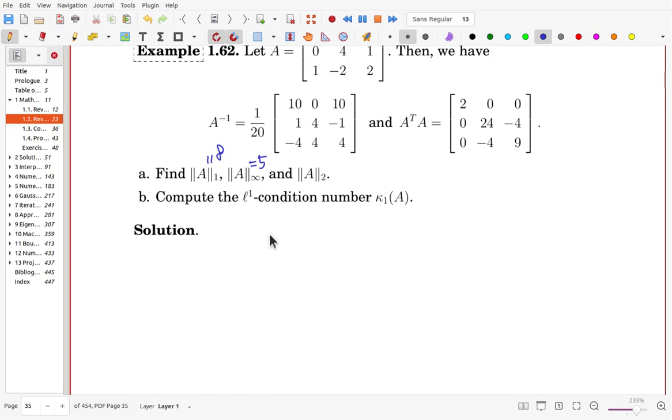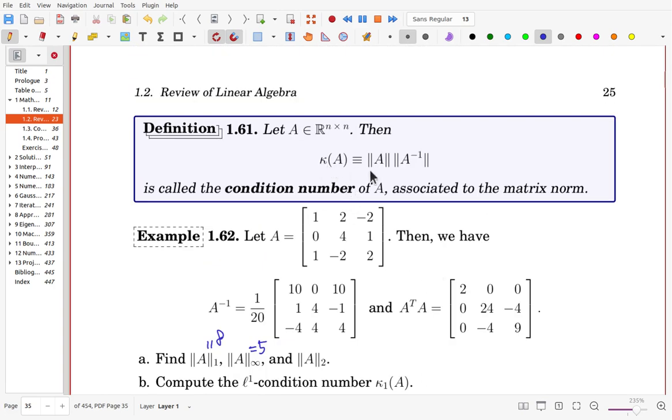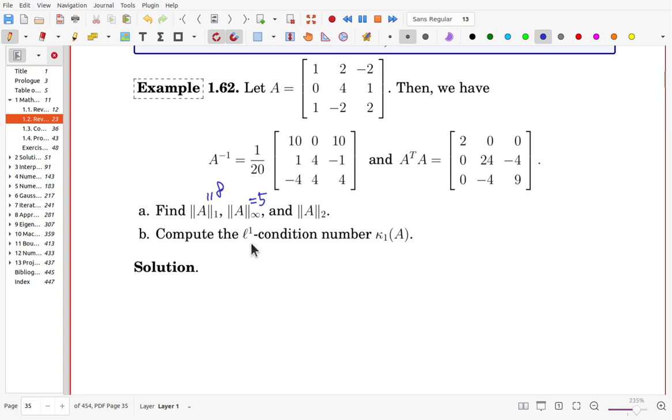Okay, let's try to get the L1 condition number. The condition number is defined generally in this way, but when the matrix 1 norm is used, then that is the 1 norm condition number, the L1 condition number. K1(A) is by definition the A 1 norm times the A inverse 1 norm.